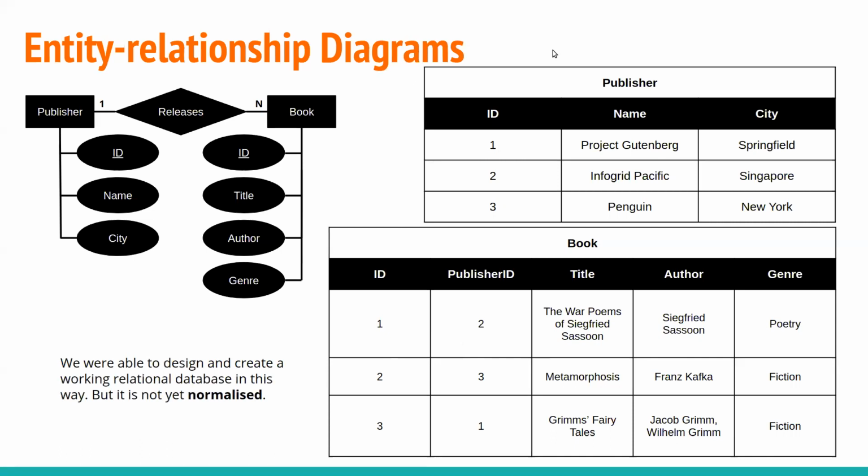Now, this database looks quite good, right? We're able to answer very complicated questions using this database. But actually, this database is very flawed. It's not a good database. It is broken in some fundamental ways.